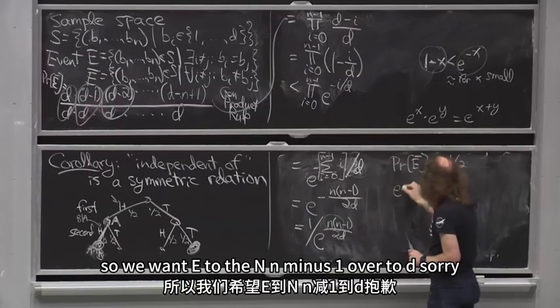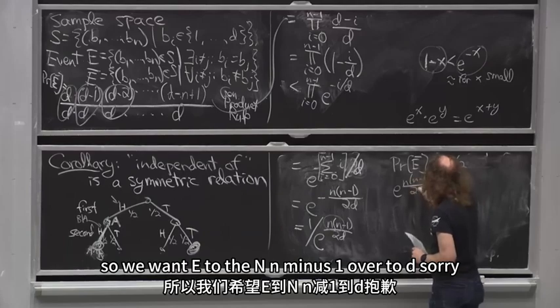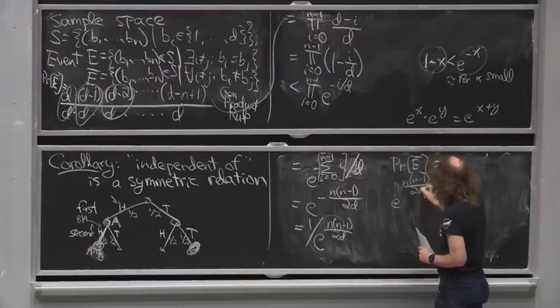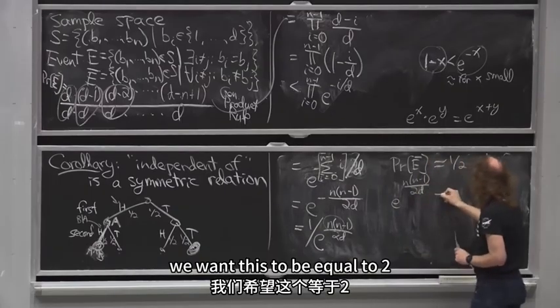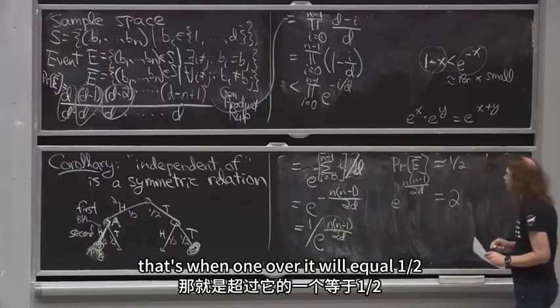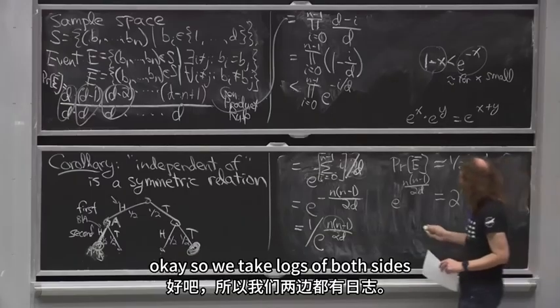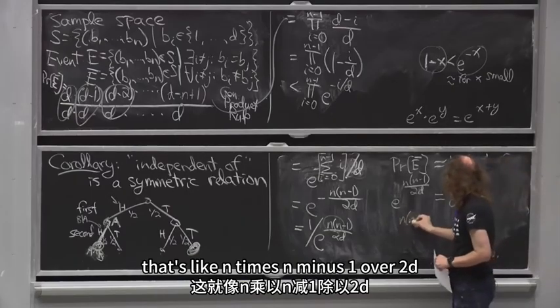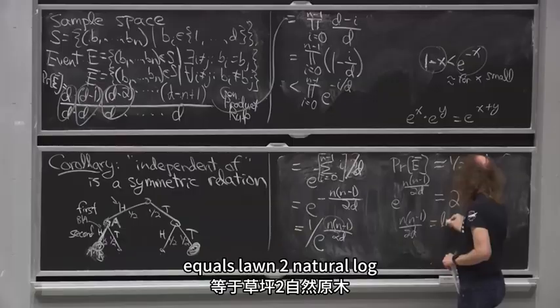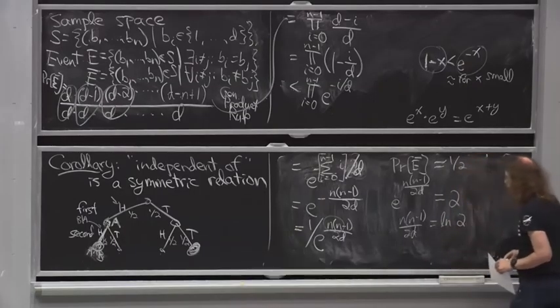Right, so we want e to the n times n minus 1 over 2d. Sorry, move the e down here. This is all in the exponent. We want this to be equal to 2. That's when 1 over it will equal 1/2. OK, so we take logs of both sides. That's n times n minus 1 over 2d equals ln 2, natural log.